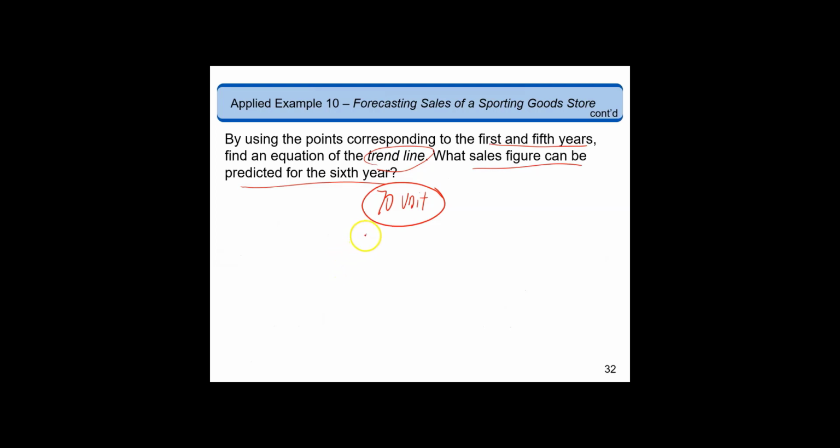So we generate the model and use it in prediction. The slope here indicates constant change, meaning over a 1 year period of time, the sales go up by 10 units. That's what this tells us.